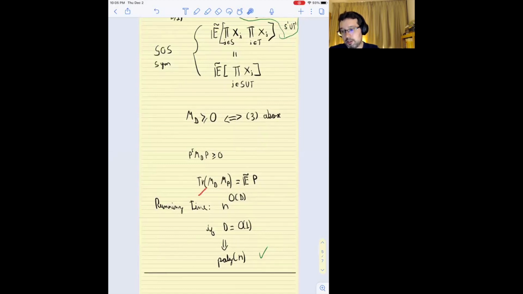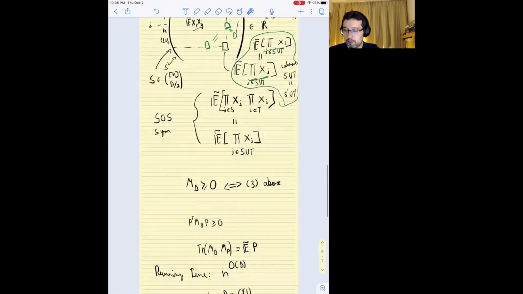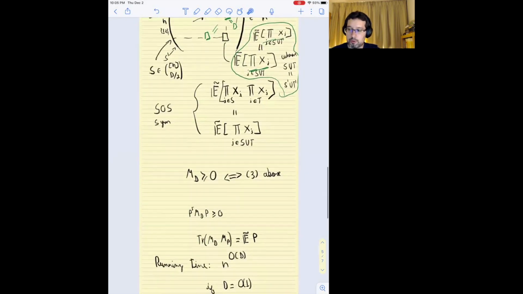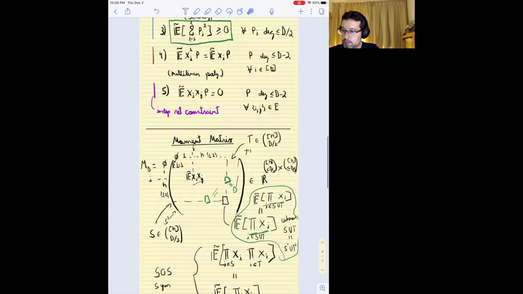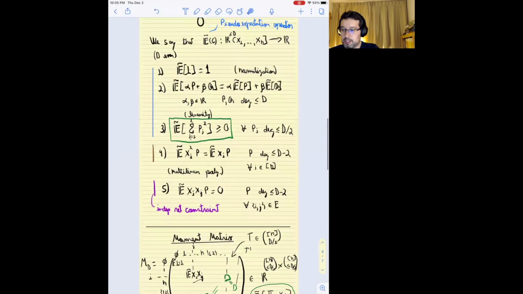The trace is linear, and whenever we have a sum of polynomials here, we will be able to write it as the sum of two matrices, and by the linearity of the trace, we can break into two evaluations. So this gives us linearity.